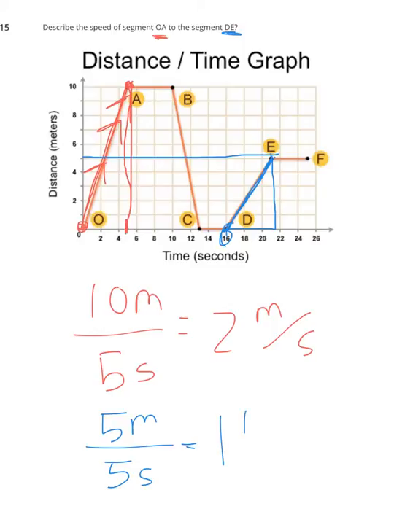And when I divide that out, it is 1 meter per second. So you could honestly look at the red line and say that OA is faster or more rapid because the slope of the line is more steep when you compare it with DE or the blue line, which has a more gradual or gentle slope, but here you have the math to compare the two together.